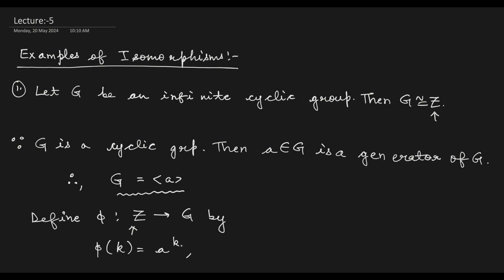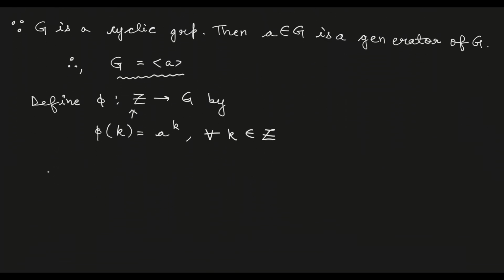So a to the power k type element will be there in this codomain for all k belongs to integers. Then phi is an isomorphism, because it will be a group homomorphism, one-one, and onto.